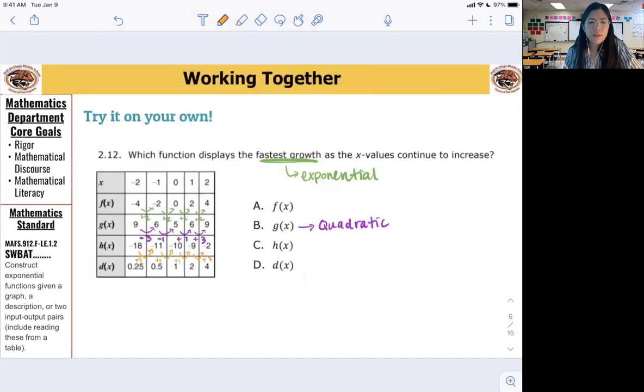It kind of goes up quickly, then slowly, and then quickly again. Let me draw it better. That one kind of looks like this. And that one is called a cubic function, which you won't learn about until algebra 2. So again, not the right pattern we're looking for.